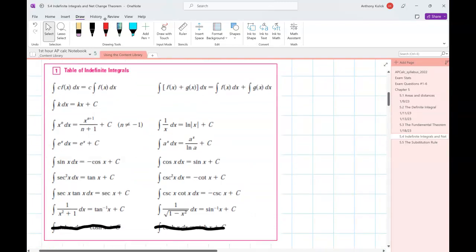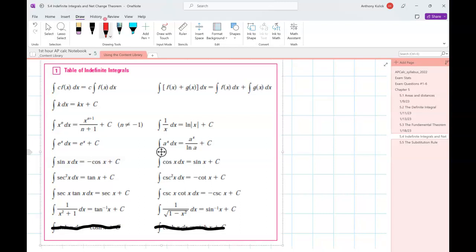So here we've collected together all of our antiderivative rules along with several of our common integral rules. The first two up here are just basic integral rules: that I can pull a constant out front of my integral, or that I can distribute an integral across an addition or subtraction symbol.